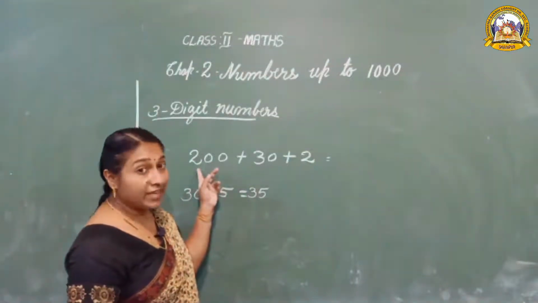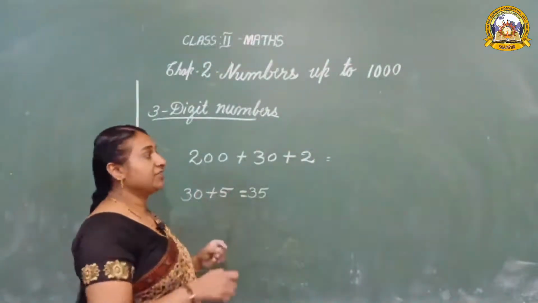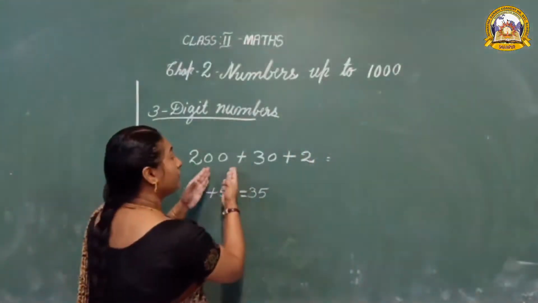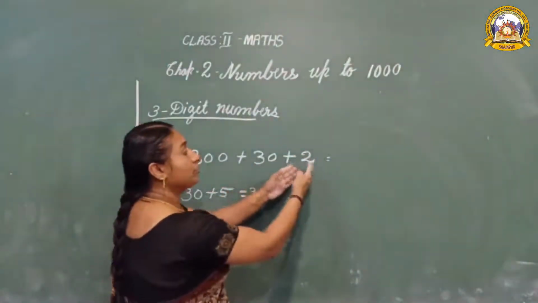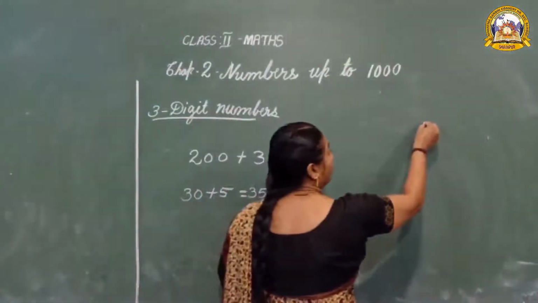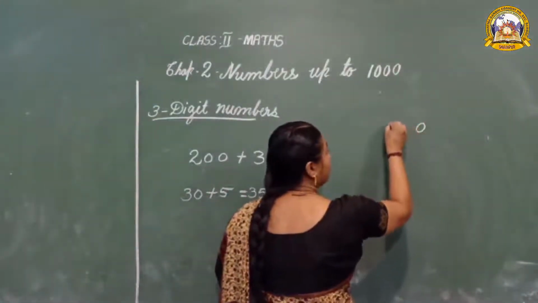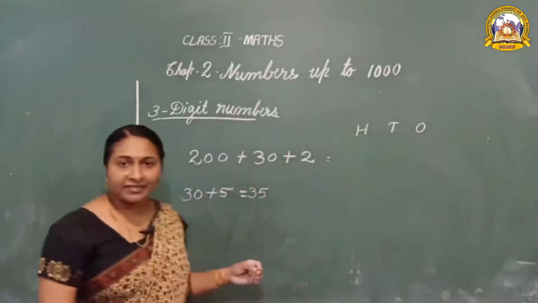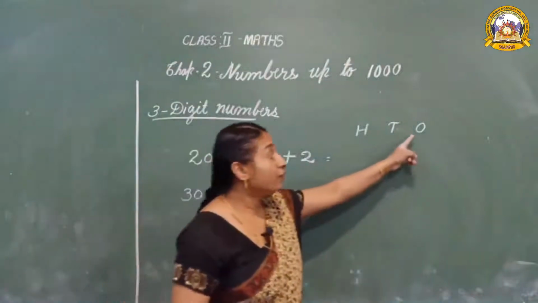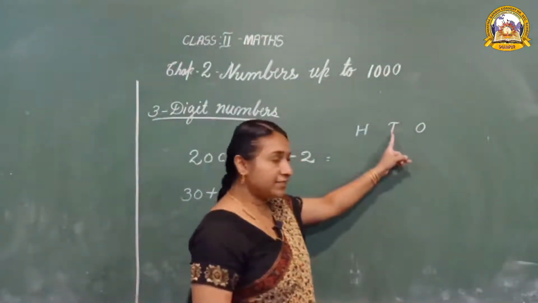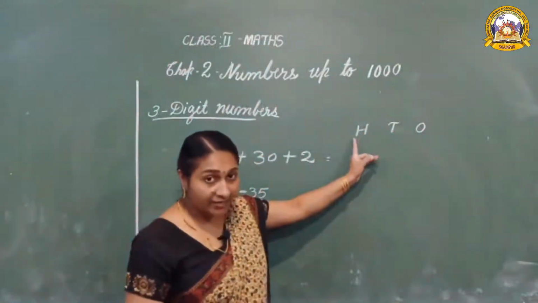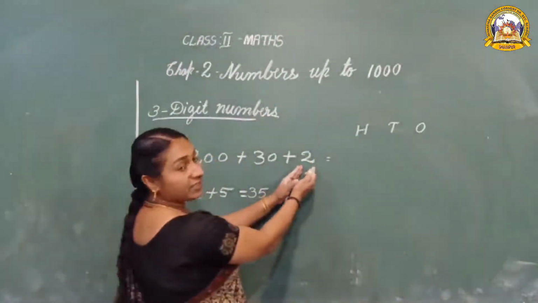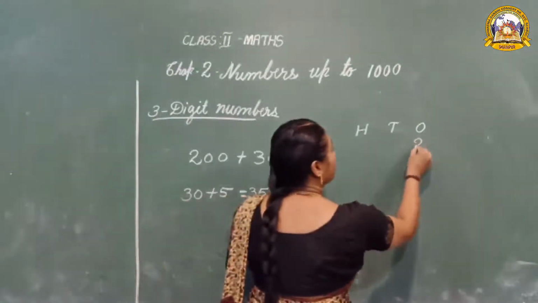Then we can make a chart. I shall teach you. There is a chart. How many digits should be there? 1, 2, 3. So ones, tens and hundreds. Say ones, tens and hundreds. How many ones are there? 2 ones.